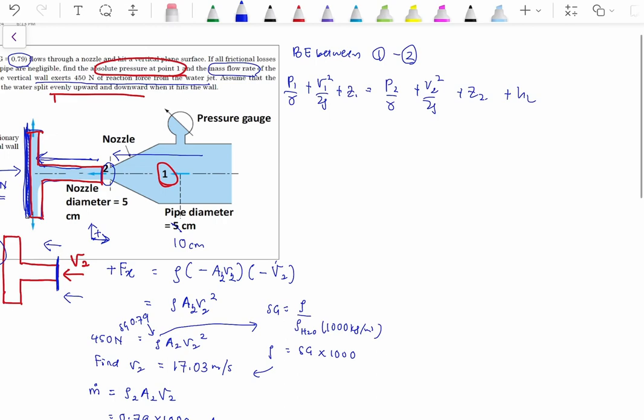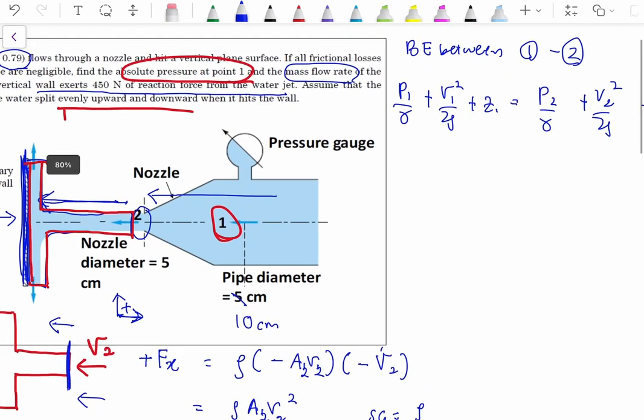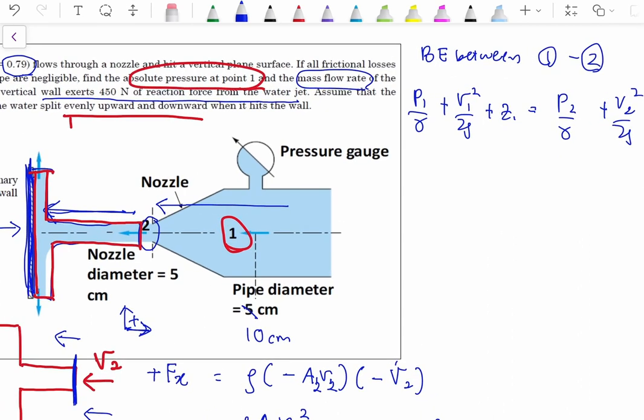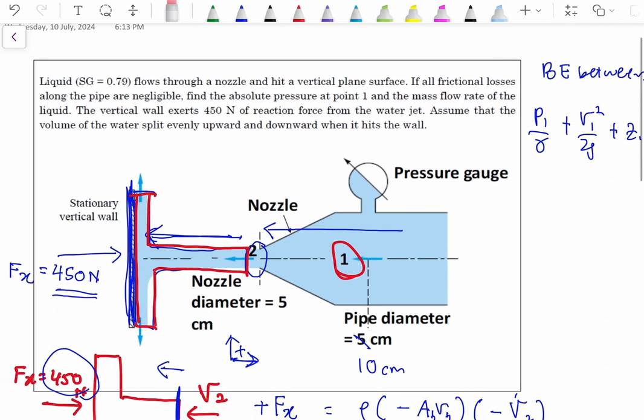Over here, do we have to consider the head losses? The answer is no. How do we know that? Look at the information given here. It says that all frictional losses along the pipe are negligible. As you have learned before this, HL is contributed by frictional loss, frictional effect.